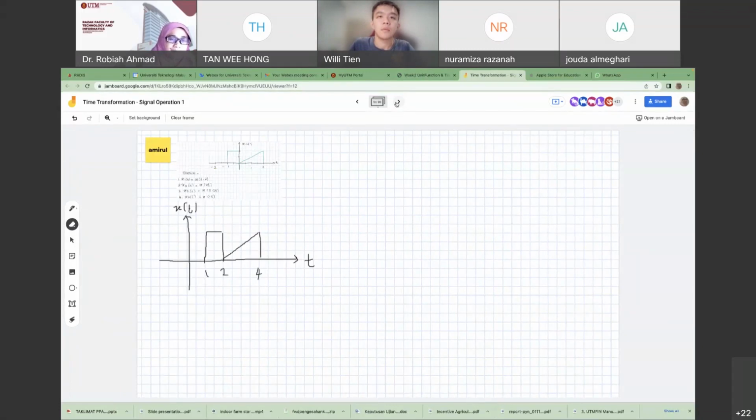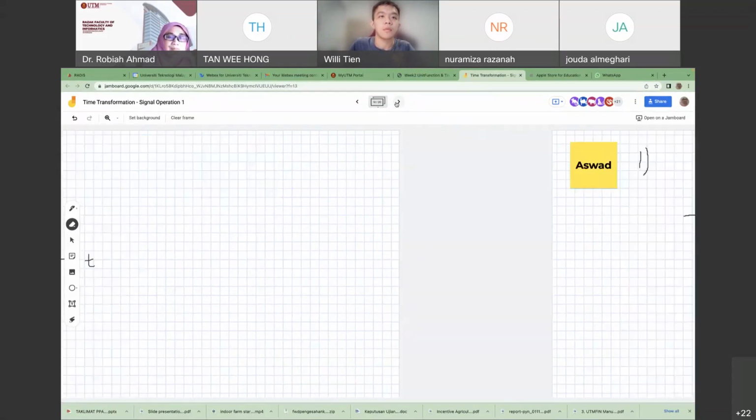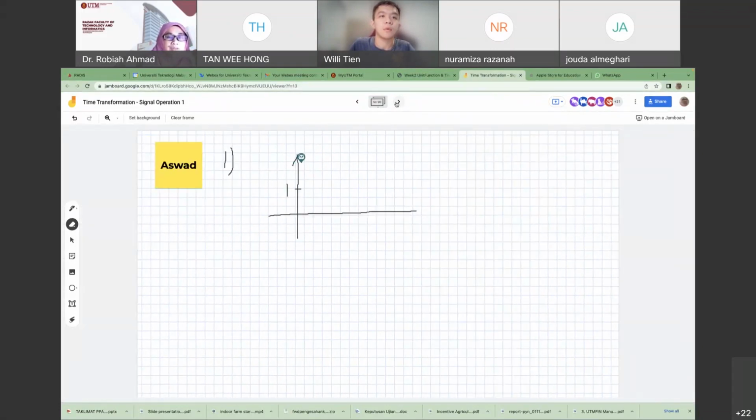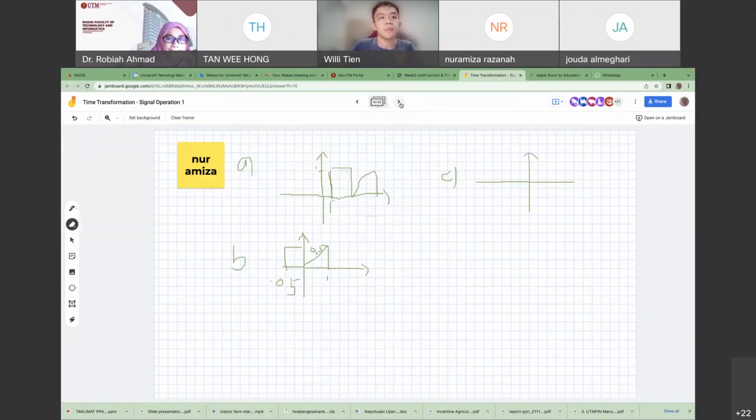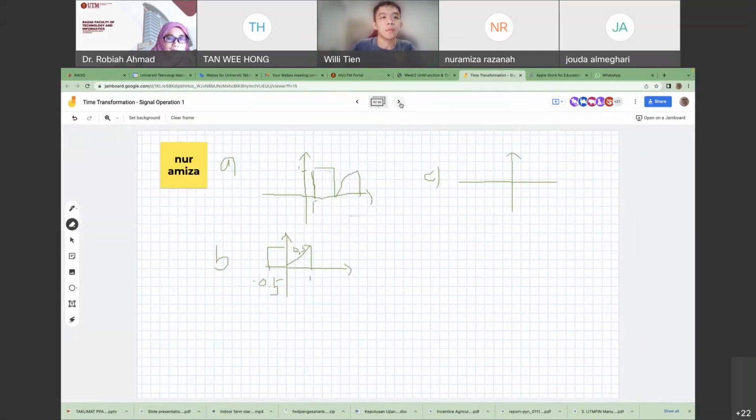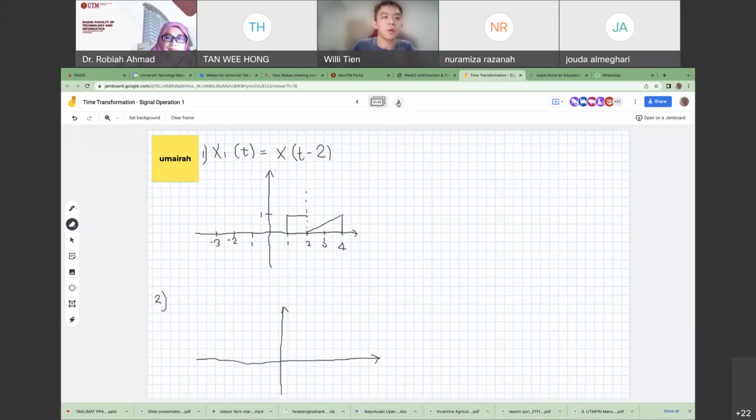Miro, teruskan. Takif, please. This is actually a square. The blue one is actually the square. Amiza, please put the value of x here so that I can see how much you shift and you compress.